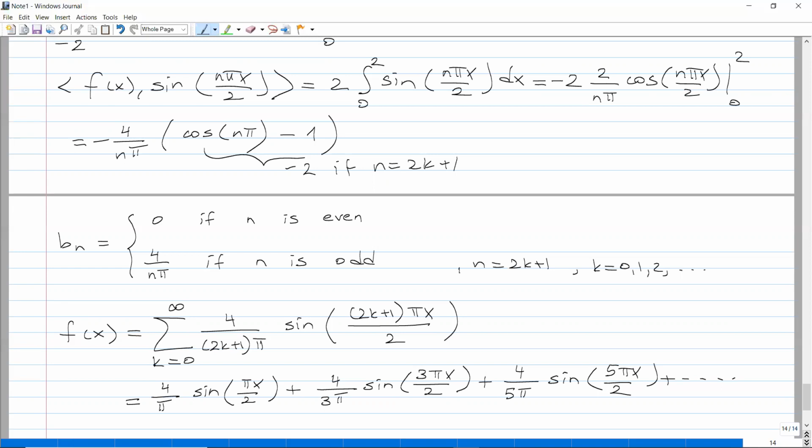All right, so if we have a piecewise continuous periodic function with period 2L, by taking the integral of f times sine and cosine of the appropriate argument, we can find the Fourier coefficients and write our function as a Fourier series.